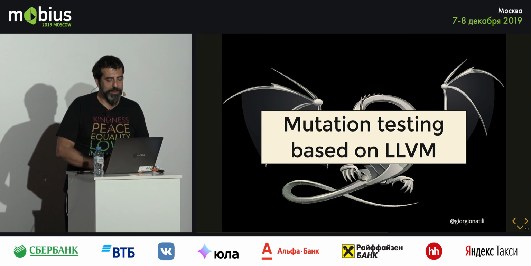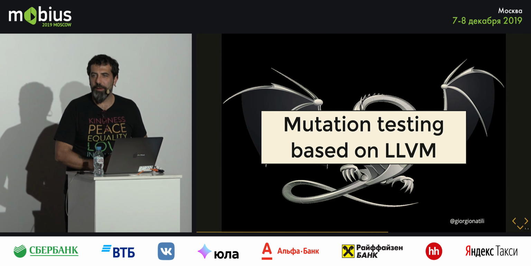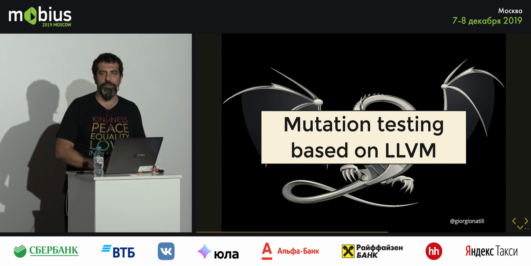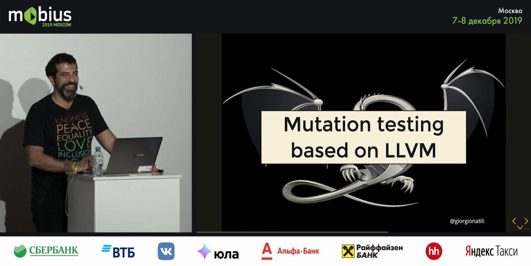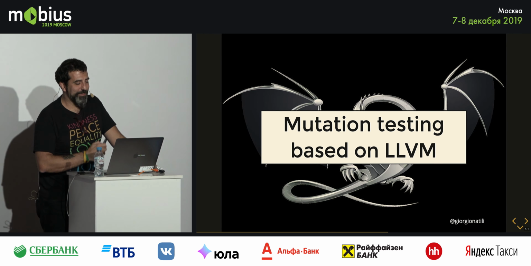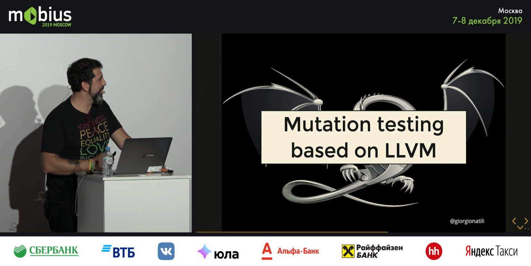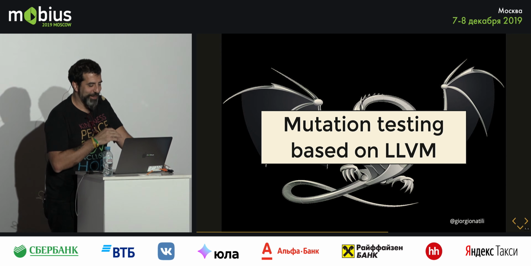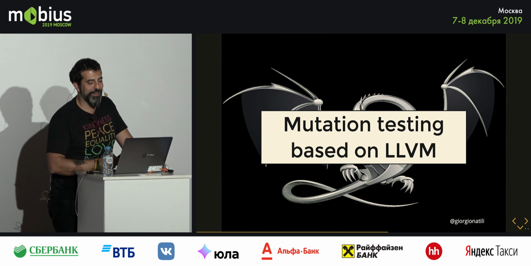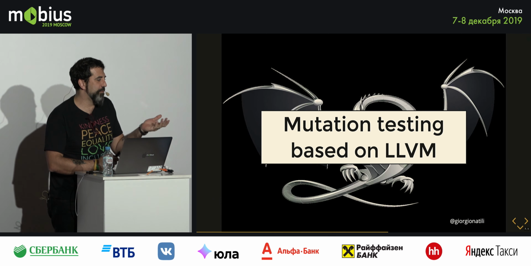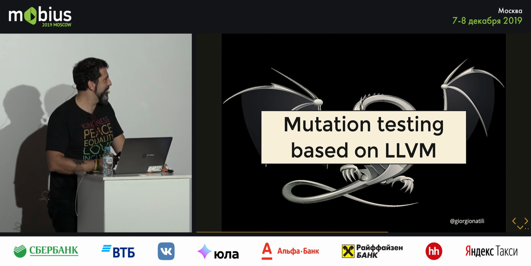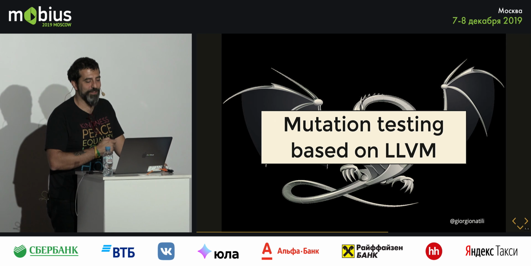Let's start to talk a little bit about mutation testing on LLVM. How many C++ developers do I have? Yes, thank you. Okay, so LLVM, it's not an acronym, it's the name of the project. It's not a virtual machine. It's a very low-level framework to create binaries, and it supports several languages.